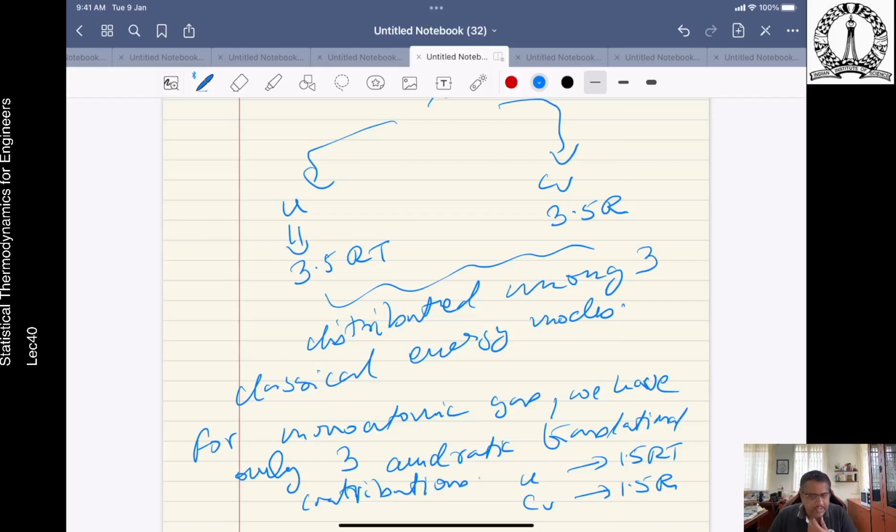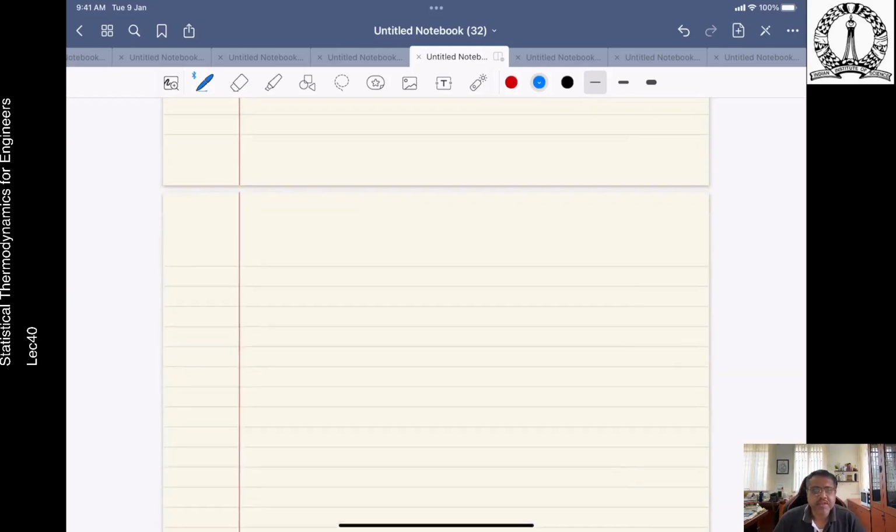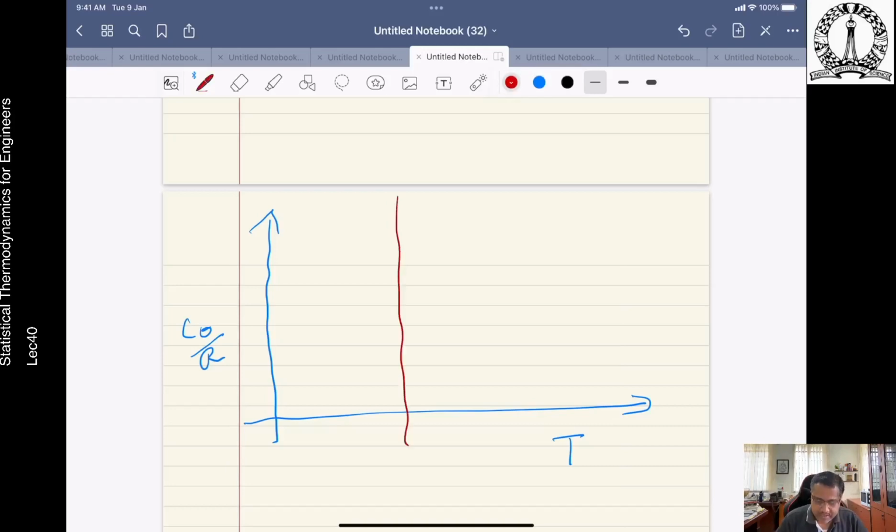The influence of temperature on the specific heat for a diatomic molecule can be shown like this. Let us draw this figure so that it is easily understandable. This is the temperature, and this is CV by R. Let us put 3 demarcations, and mark it at 3 by 2.